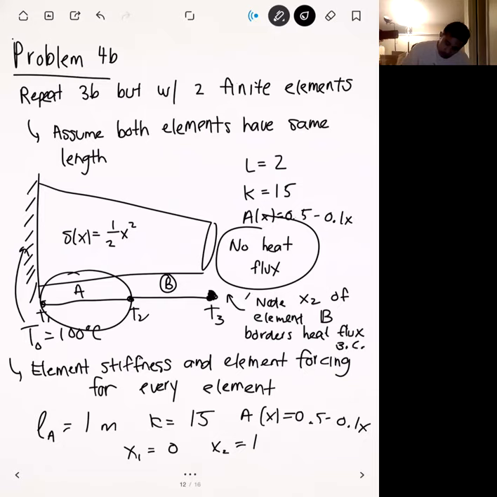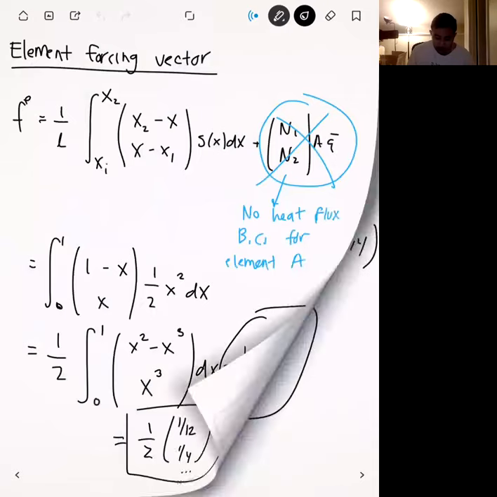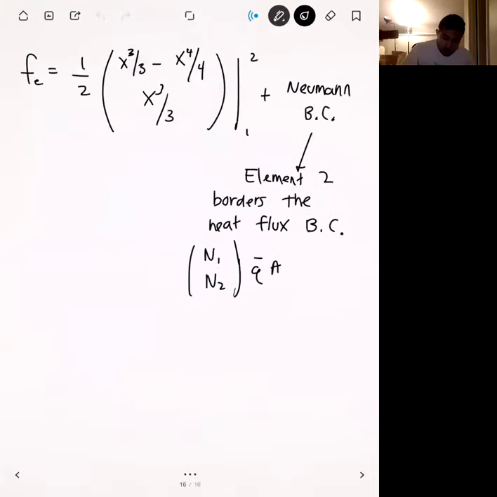And since it's node x2 of our element, that tells us that this N1, N2 here is going to be 0, 1. At this point, it doesn't really matter because our heat flux here is 0, and so the 0 is going to knock it all out. But I wanted to show you what you would do in case there was a flux boundary condition, because I'd say that's something good to know for the exam.